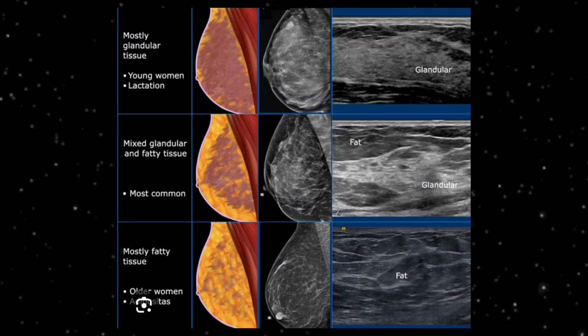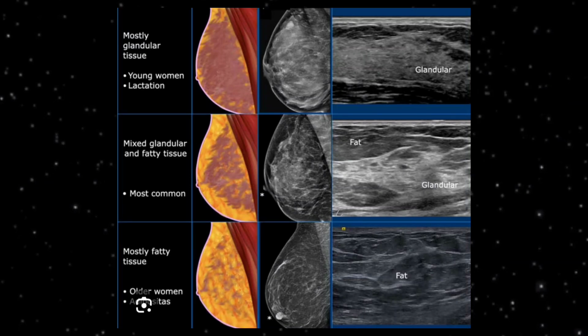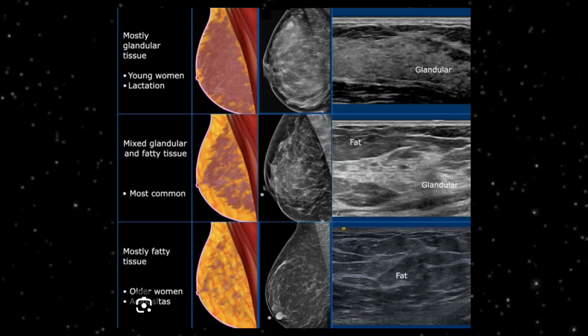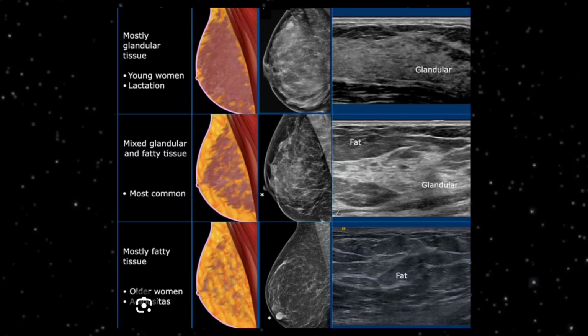Breast tissue components vary with age, and under ultrasonography there are particular characteristics of the breasts.